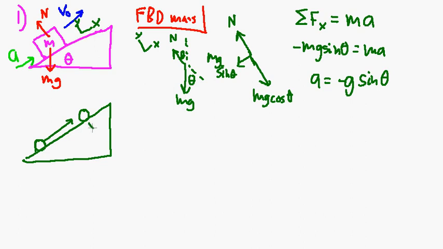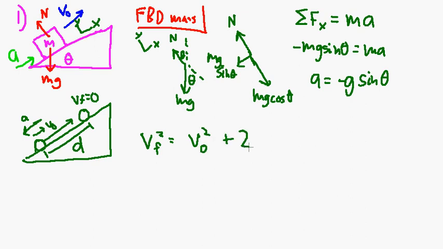We can call that d, I guess, and it's got an acceleration that way, initial velocity there, and then final velocity is 0. Okay, so the equation we like to use in this situation is v final squared is v initial squared plus 2a delta x. We'll call it delta x, since x is going up there, sure.